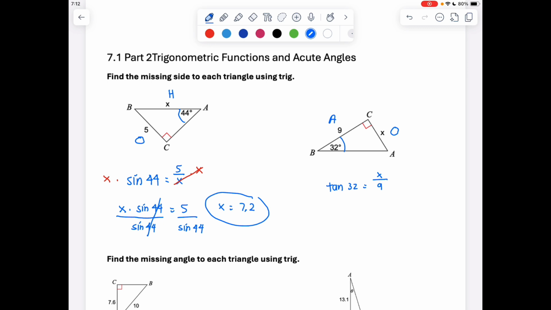And this time, we're going to multiply both sides by 9, since that's the value in the denominator that we are trying to cancel. This tells us that x is equal to 9 times the tangent of 32. And type that right into our calculator, we will get that 5.6 is equal to x. That is our missing side length.